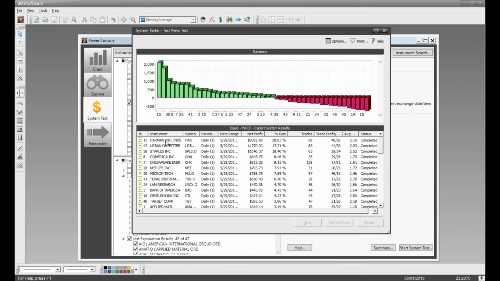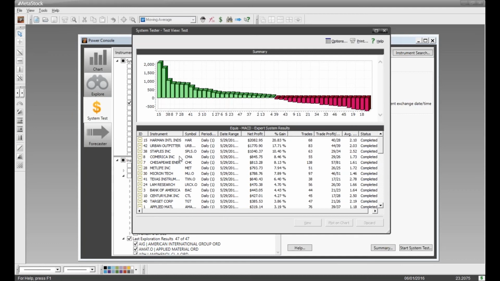Let's take a second for a question here. Can you run multiple indicators simultaneously and get results of combining them as you did for the exploration? Yeah, so there's a couple of different ways to use the exploration tool. There are some traders out there that trade a handful of instruments. Apple, Microsoft, the big ones.